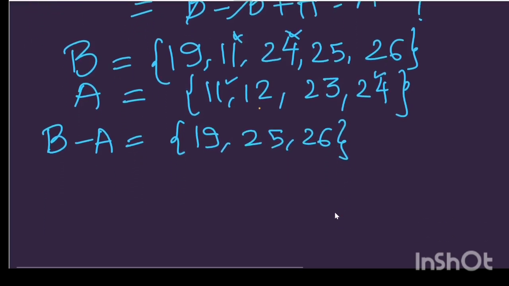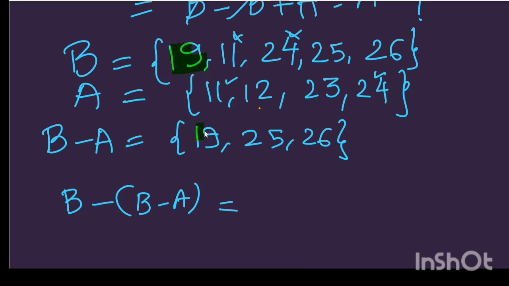And B minus of B minus A would be nothing but 11, 24, guys.